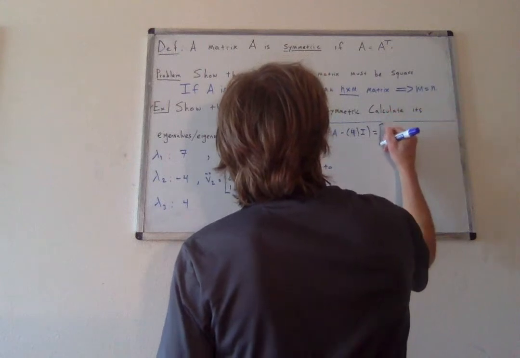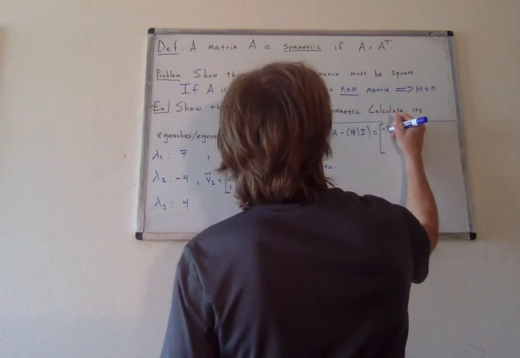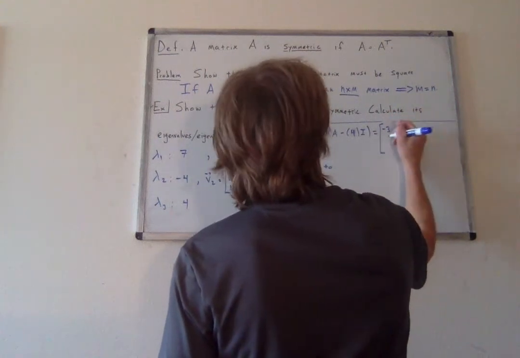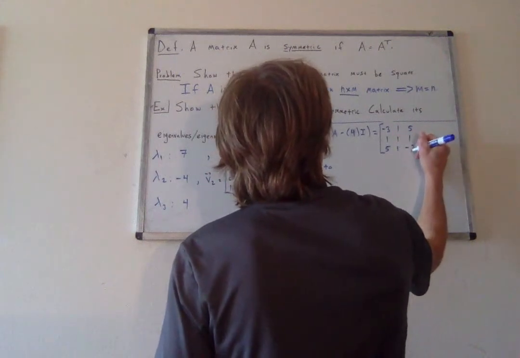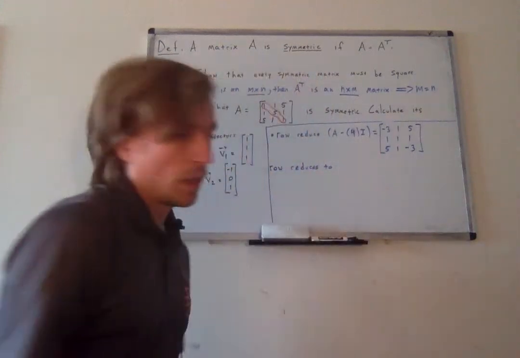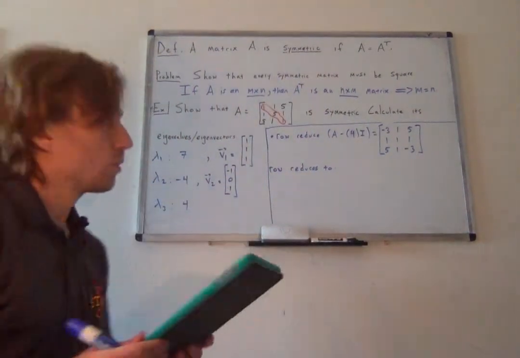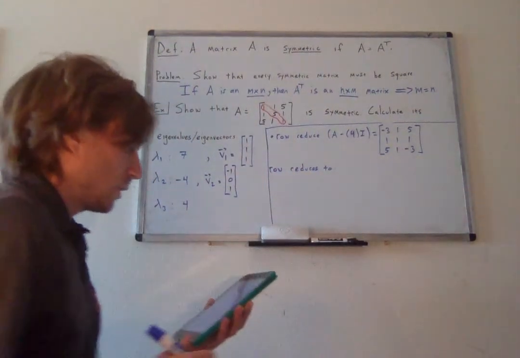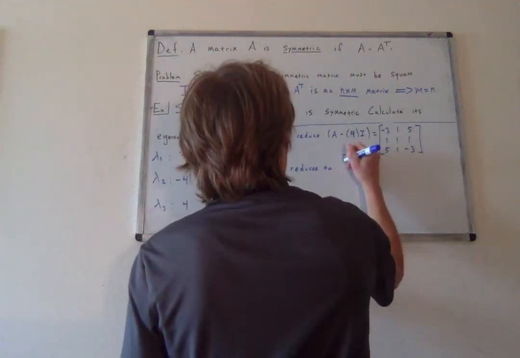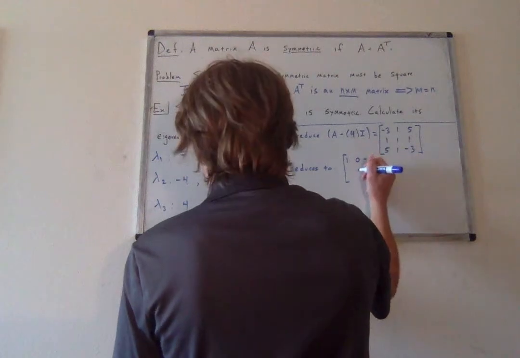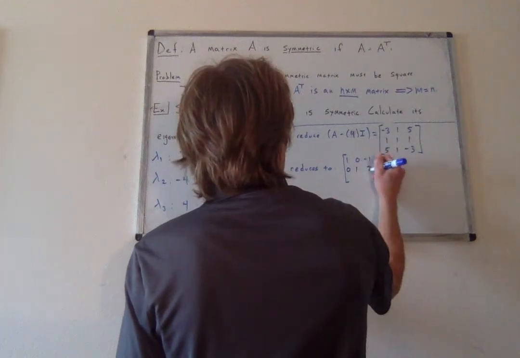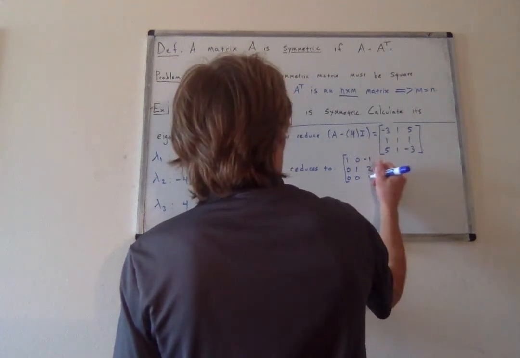So we want to row reduce the matrix where now I'm going to subtract 4 from each of the diagonal entries. And again, using our row reduction algorithm, this row reduces to the matrix 1, 0, -1, 0, 1, 2, 0, 0, 0.